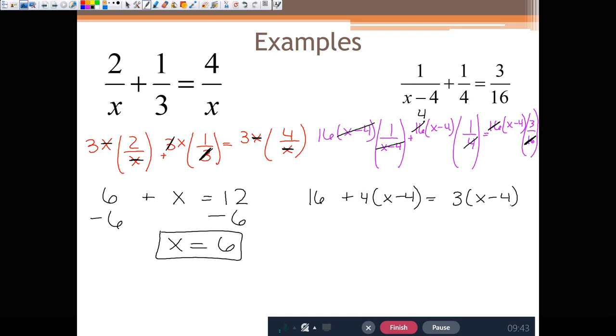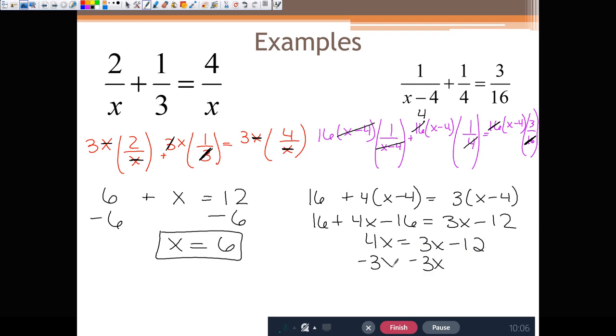And then now this is like a traditional solving problem where I'm going to distribute. So I'm going to get 16 plus 4x minus 16 equals 3x minus 12. Then I'm going to combine like terms, so 16 minus 16 is 0, so I'm going to have 4x equals 3x minus 12. Subtract 3x from both sides, and x equals negative 12.